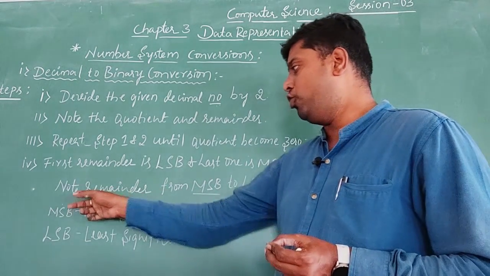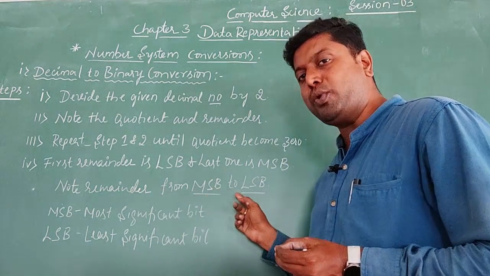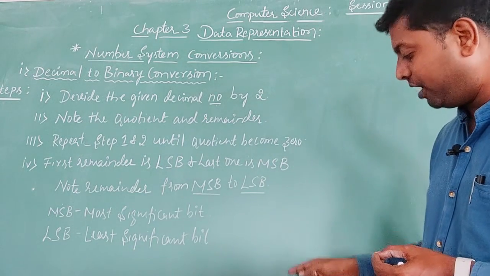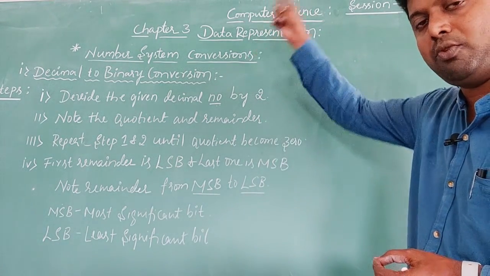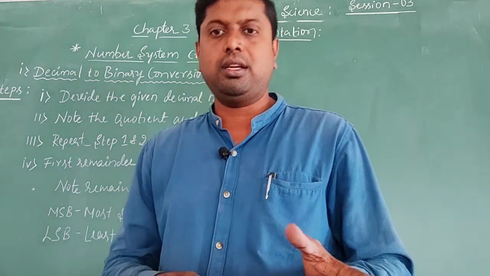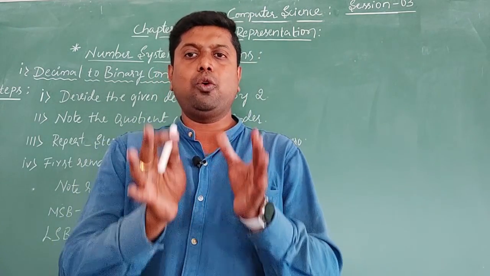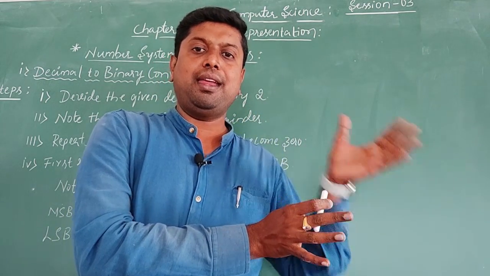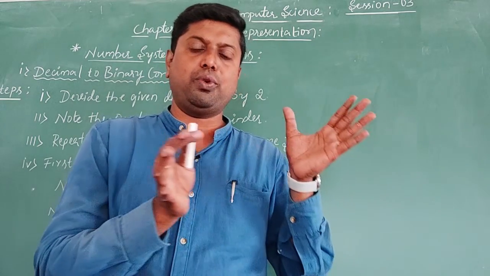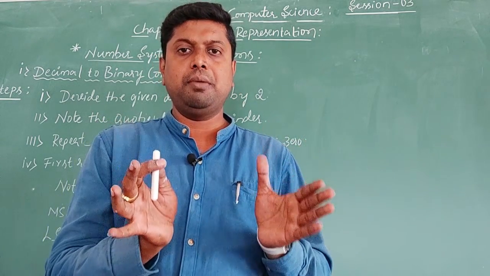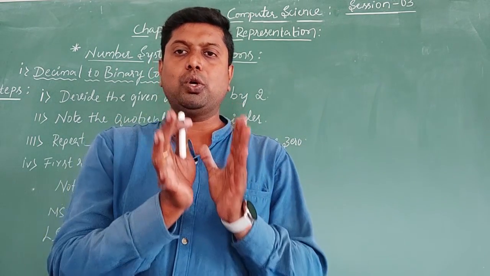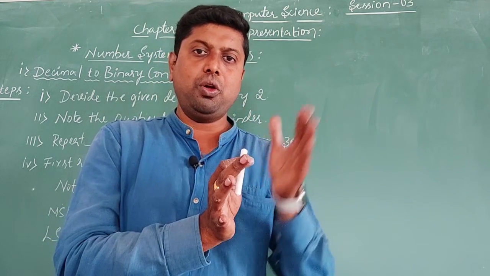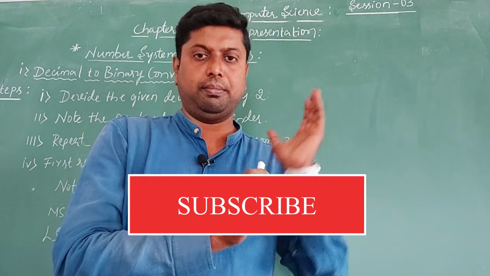Note the remainders from MSB to LSB, very important, from most significant bit to least significant bit. Like that, we calculate a number into one binary number. I will show with one small example, dear students. Based on this example, you will come to know how to convert a decimal numbering system number into a binary numbering system number.